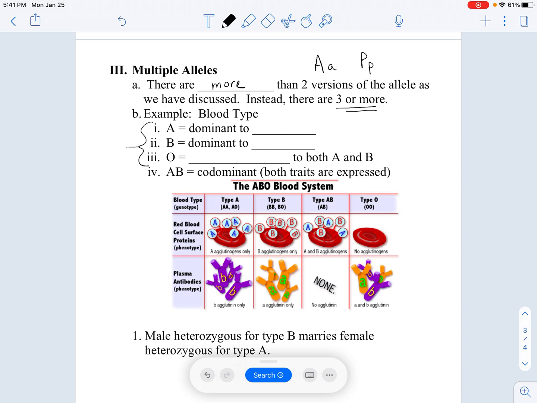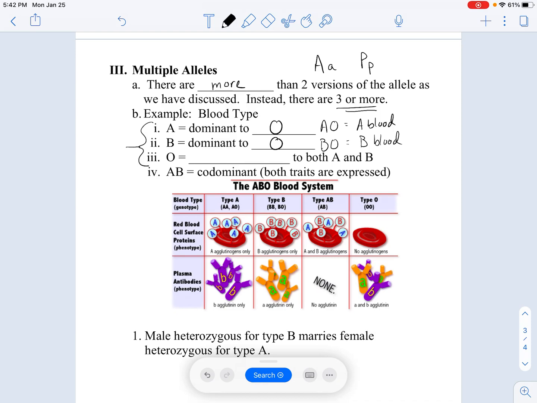There's also some rules. A is dominant to O, B is dominant to O. So if you inherit an A and an O from your parents, you're going to have A blood. If you inherit a B and an O, you're going to have type B blood.